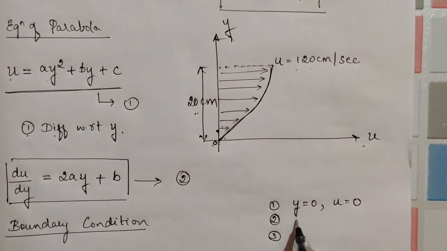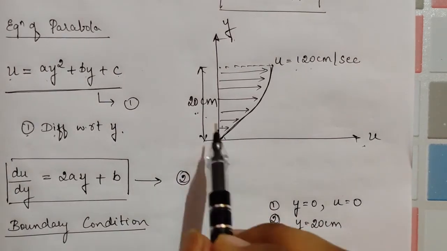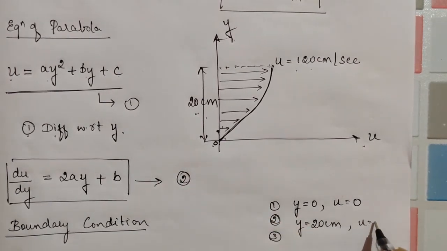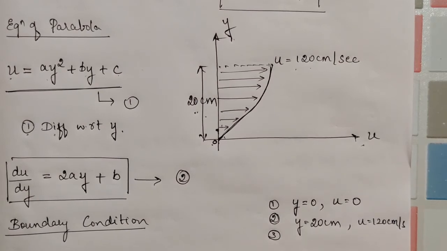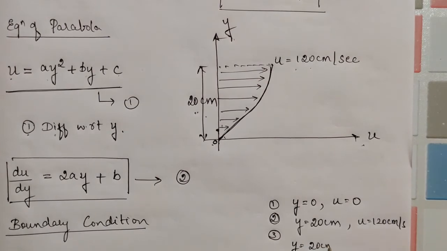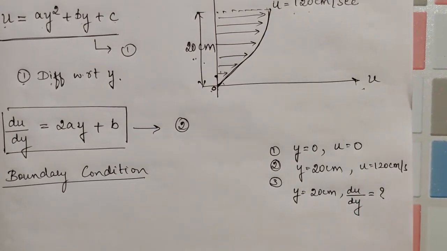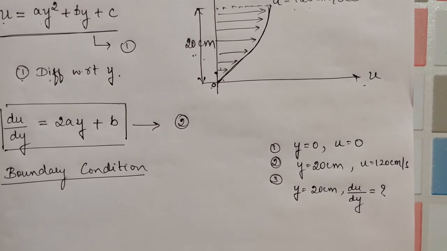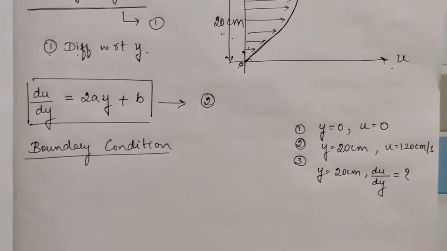Next, when y is 20 centimeter, u is 120 centimeter per second. What will be the condition if we substitute this? Also at y equal to 20 centimeter, what will be the change in du/dy, the velocity gradient? These are the 3 boundary conditions I am going to apply here.